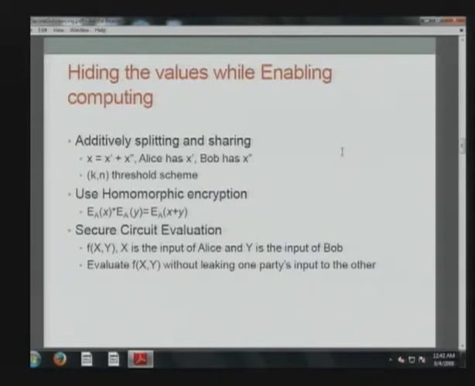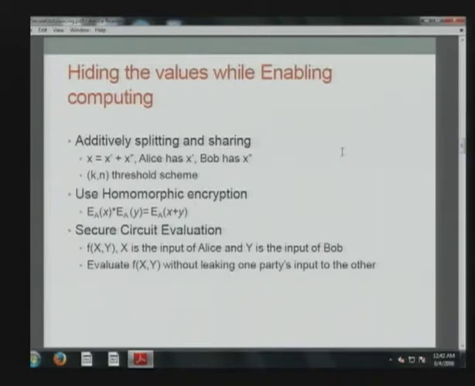Another technique is homomorphic encryption. In homomorphic encryption, the server can compute without seeing the true values. For example, there are two values x and y, and the client can send E(x) and E(y) to the server.